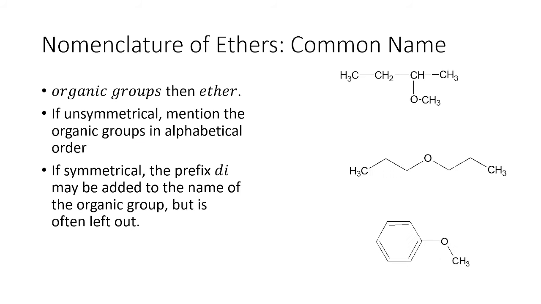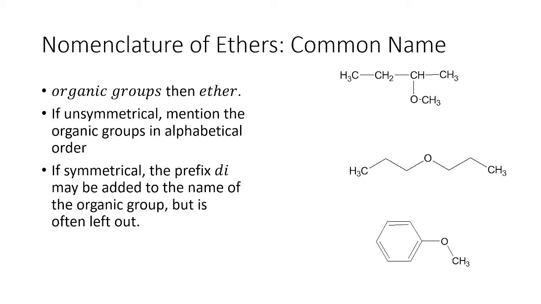Just like any other functional groups, we can have common names for our organic ethers. And just like the nomenclature of our previously discussed functional groups, as you may have remembered, it only works for representatives that are usually simple alkyl or aryl groups.